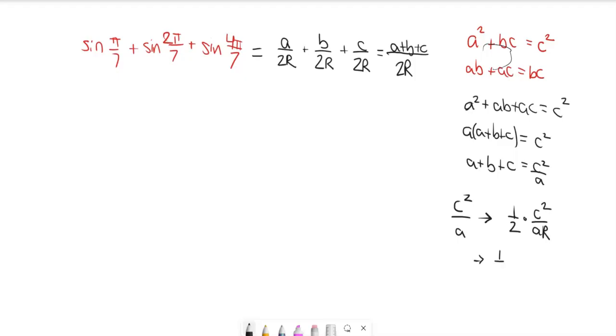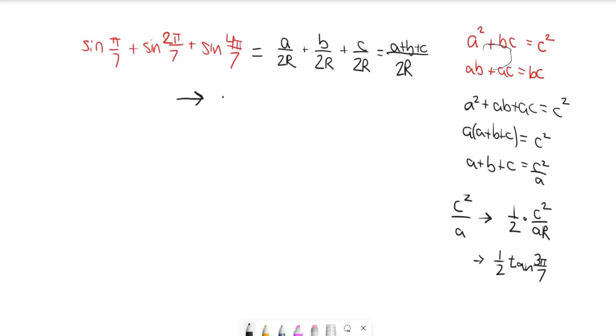And that again is 1/2 times tangent of 3 pi over 7. So let's go back up top here. We know for a fact that the sum of the three sines will add up to a plus b plus c, the perimeter of the triangle, over twice the circumradius.